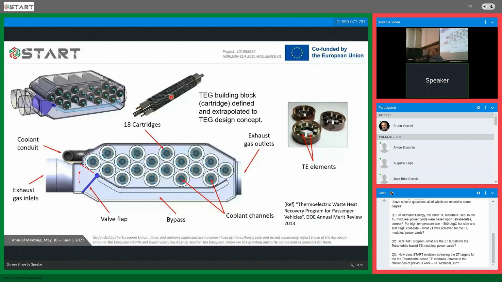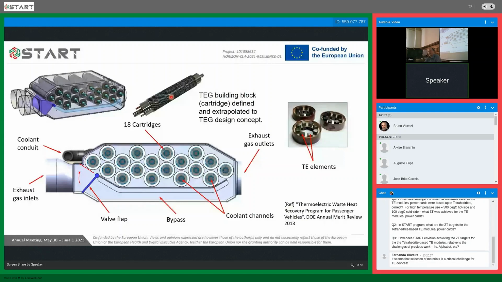That is one of the challenges, particularly if you're looking at, say, tetrahedrite as a P-type material on the hot side, and something different on the N side: how those thermal expansion coefficients differ between the two materials, how significant they are, and how much difference in movement you're going to have based on the temperatures. Just another one of those challenges, something that can be overcome, but one of the challenges.